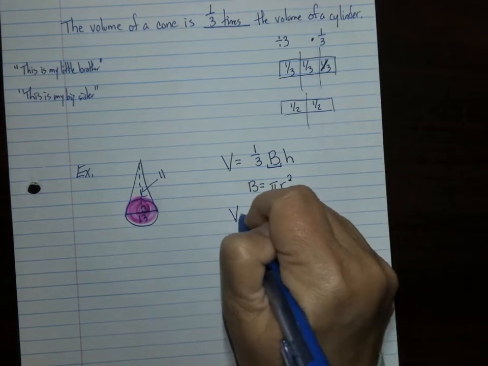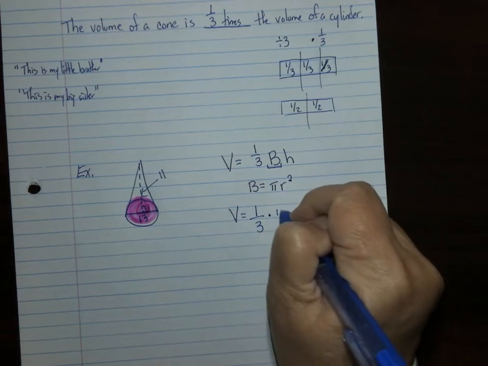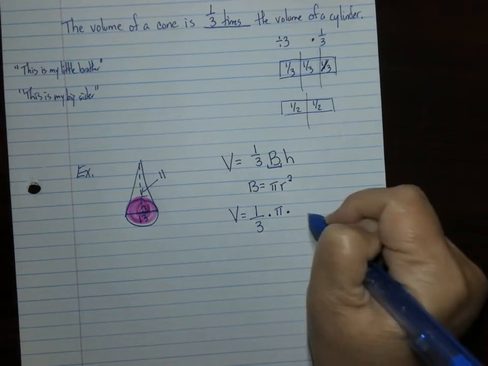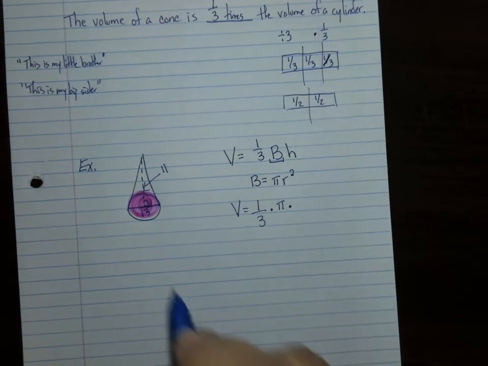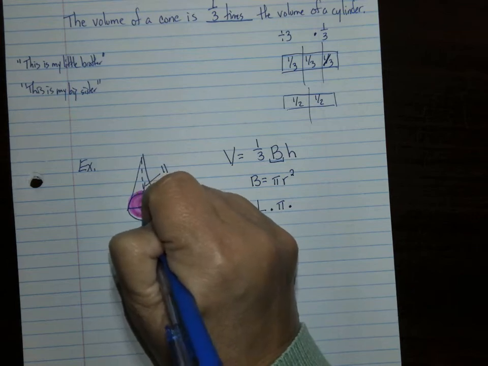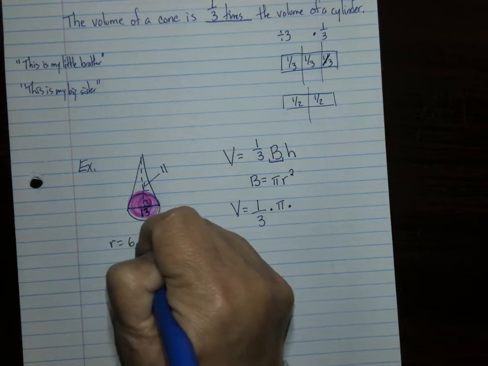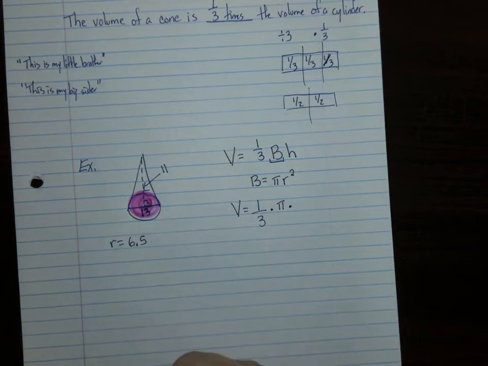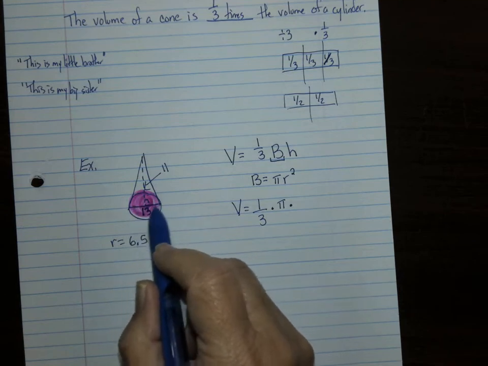So for our volume, we're going to write down 1/3 times pi times, now I need to put in r squared. Oh, well, how much is r? This number is 13. R is how much? 6.5. Right? Remember, R is for radius. This 13 is going all the way across.